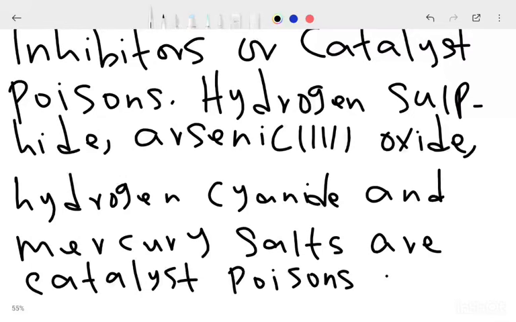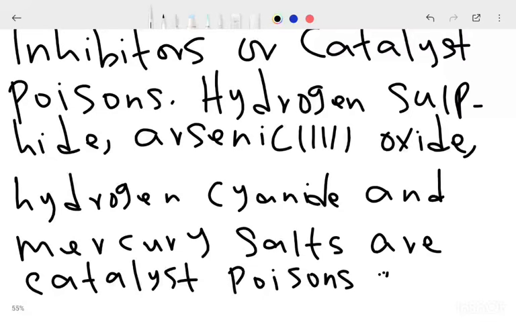Okay, so you can call them inhibitors or catalytic poisons. Look at it: hydrogen sulfide, arsenic trioxide, hydrogen cyanide, and mercury salts are catalytic poisons or inhibitors.